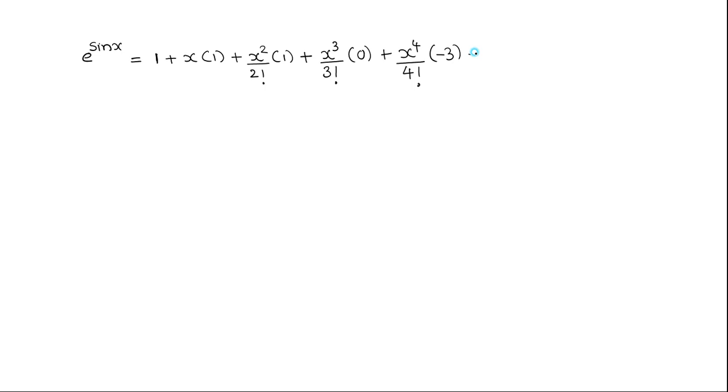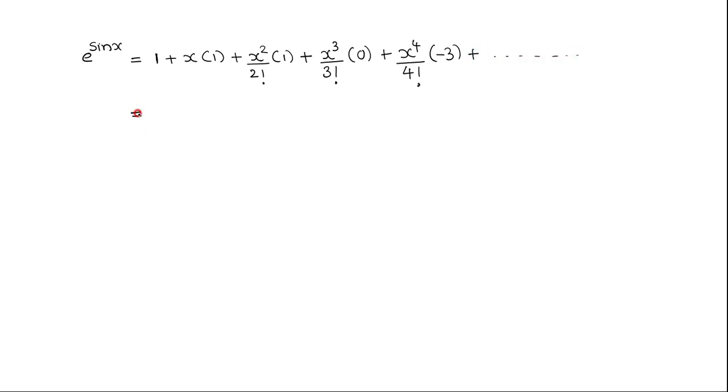So we have e raised to sin x is equal to y of 0 is 1, plus x, y1 of 0 is 1, plus x square by 2 factorial, y2 of 0 is also equal to 1, x raised to 3 by 3 factorial, y3 is 0, then x raised to 4 by 4 factorial, the fourth order derivative at 0, we got it is minus 3.